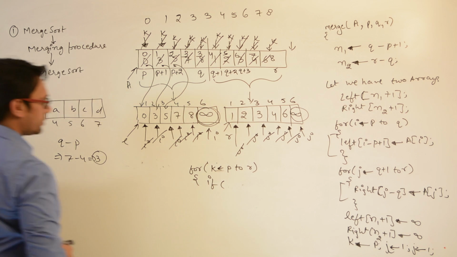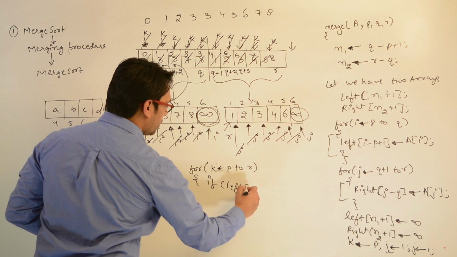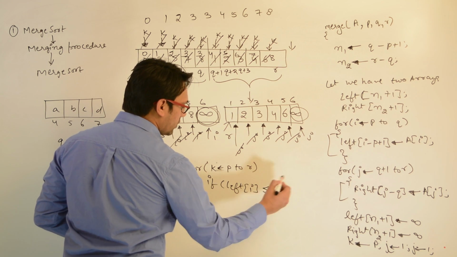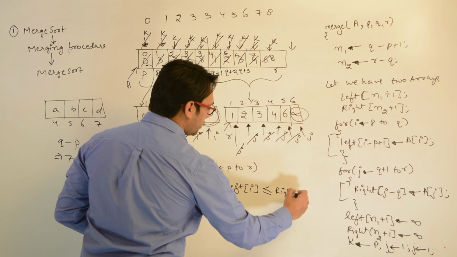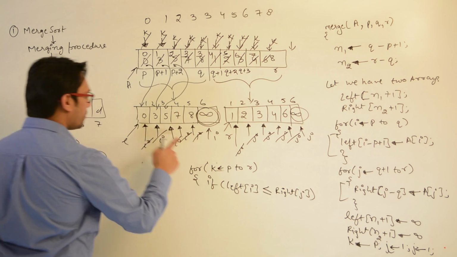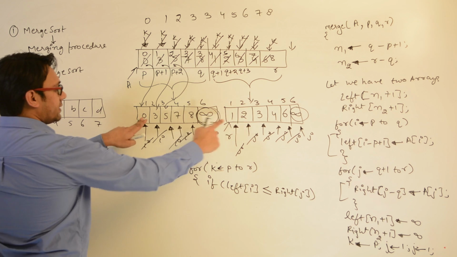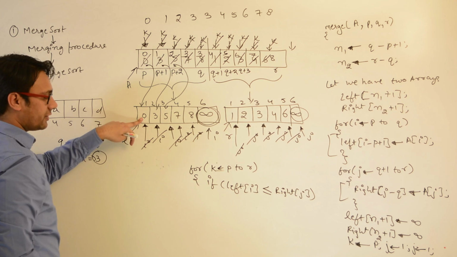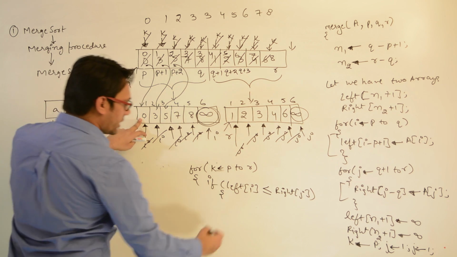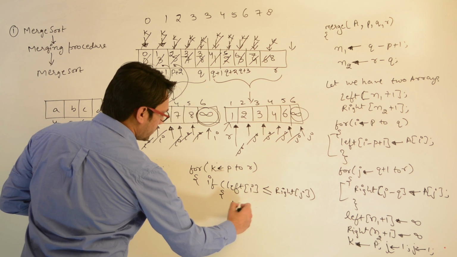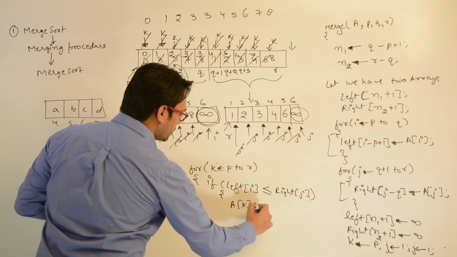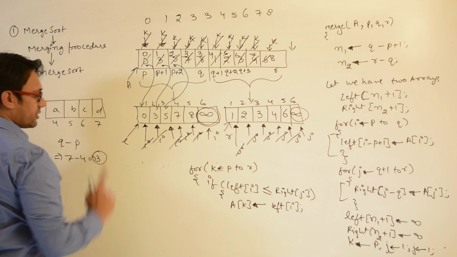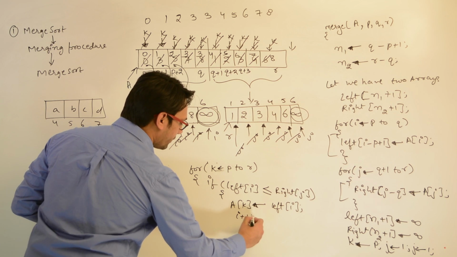What you can do here is, if left of I is less than equal to the right of j, that means whatever the location pointed by I, if this data is less than equal to this data, then you want to copy this data into this array and then increment the value of I. So, A of k stores the value of left of I, that means you have copied this data into this location, and then you increment the value of I.